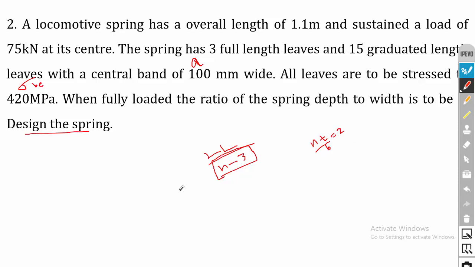Design the spring. Before going to the design procedure, first you have to calculate P, that is P is equal to W by 2. W is 75 kilonewton.